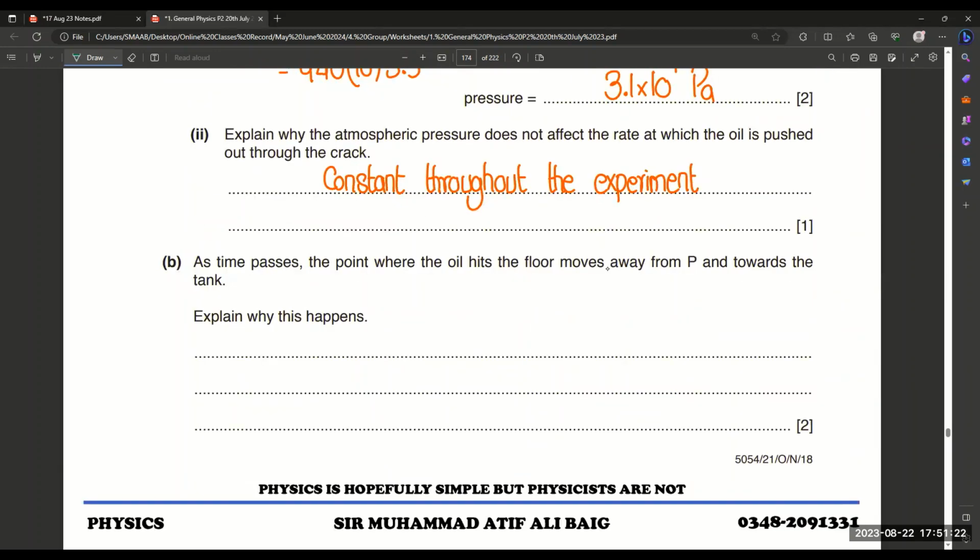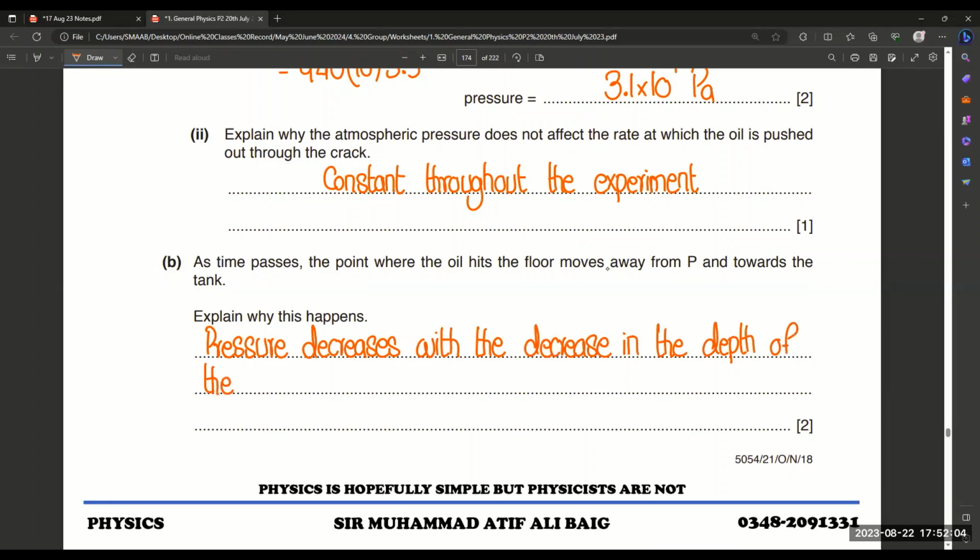So you can just simply write in terms of these quantities: pressure decreases, the depth of the liquid decreases, and density and g remain constant.